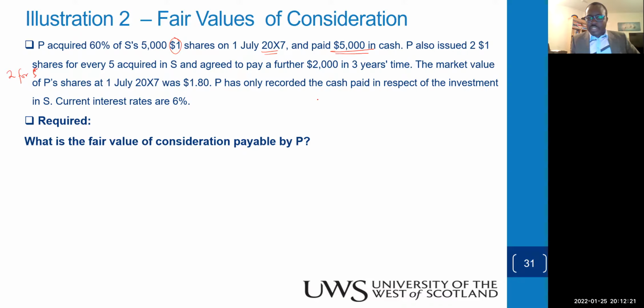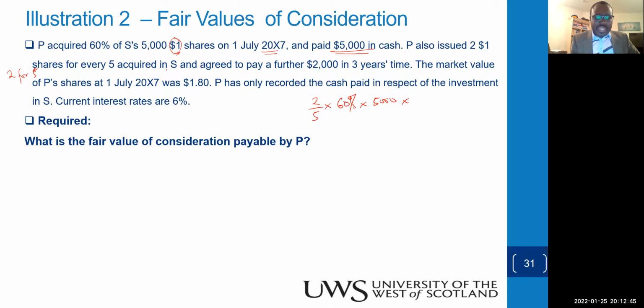It's the same story. So it is 2 for 5 times our shareholding, 60% of the 5,000 shares we hold, times the share price. It is not the par value of the share, but the current market value of the share.